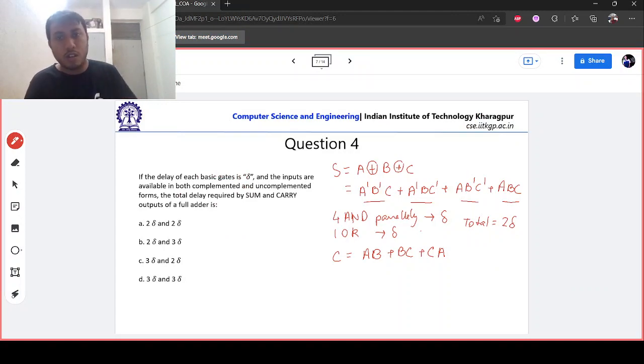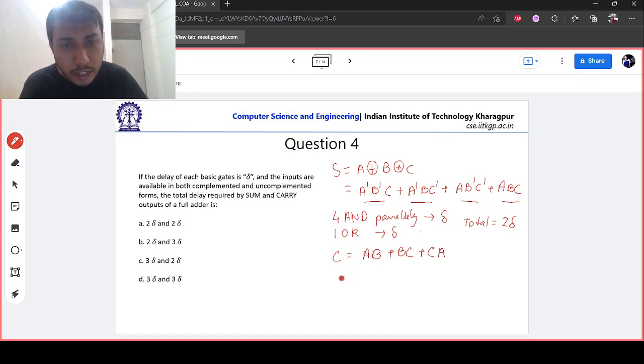First we are performing 4 AND operations in parallel, that requires 1 delta. Then the results of the 4 are ORed, so you require only 1 OR, that is 1 delta. So there is a total of 2 delta, that is the delay we require.